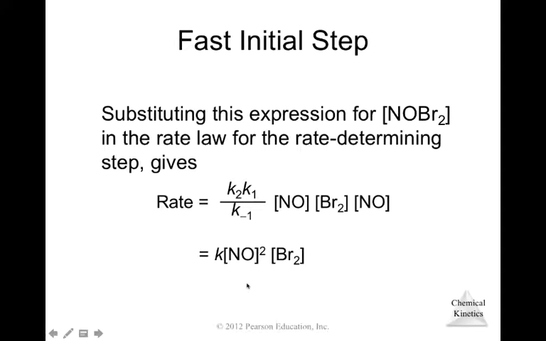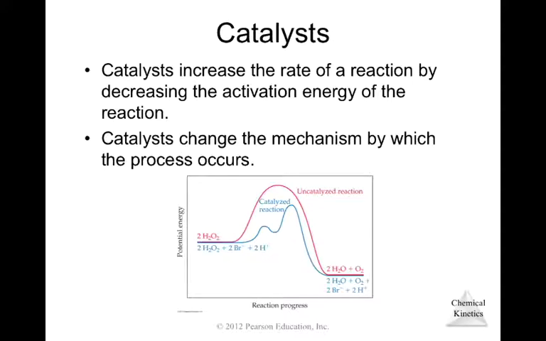Then we can take that expression and substitute it into our NOBr2 in the rate law in our rate determining step and get this. All right? So put it all together, and we get K [NO]² [Br2], which was what our experimental rate law was.